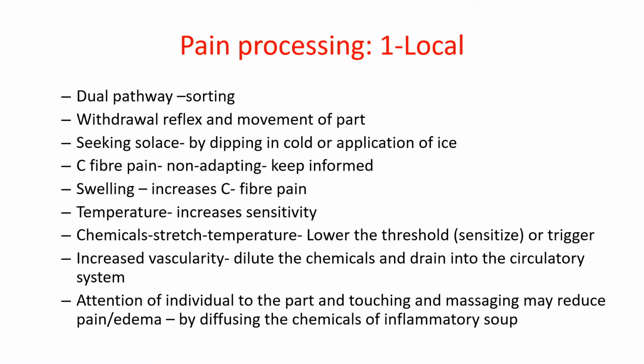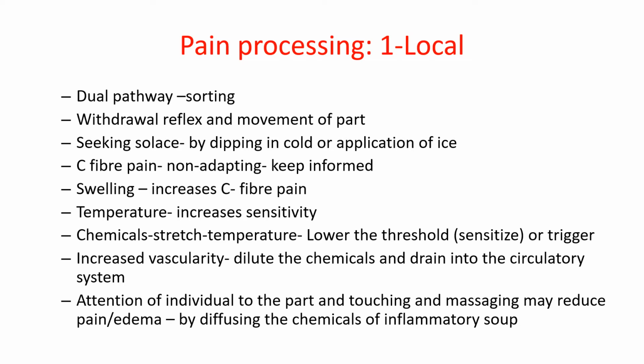The brain processing begins at the local level itself. First of all, there are dual pathways. The dual pathways sort the pain as a fast pain or a slow pain, that is with a low threshold or high threshold.